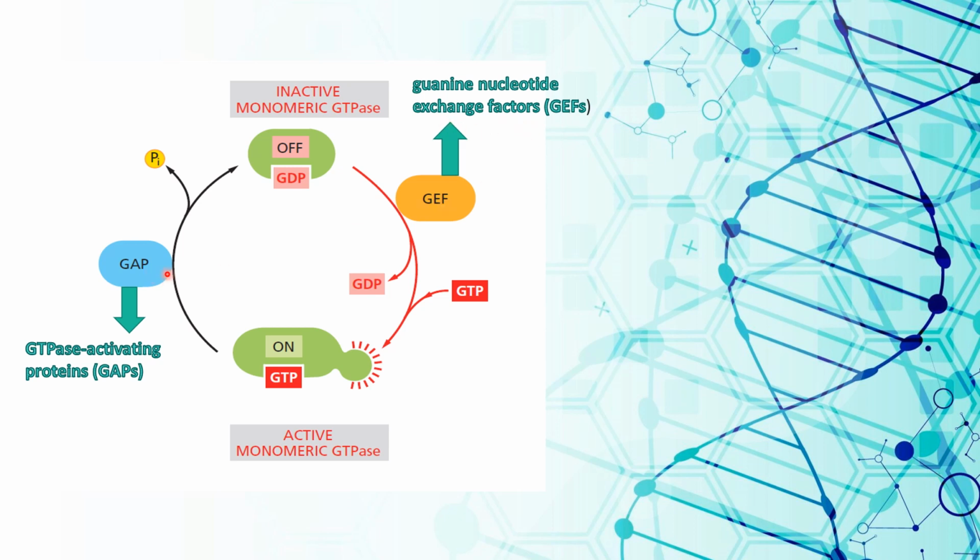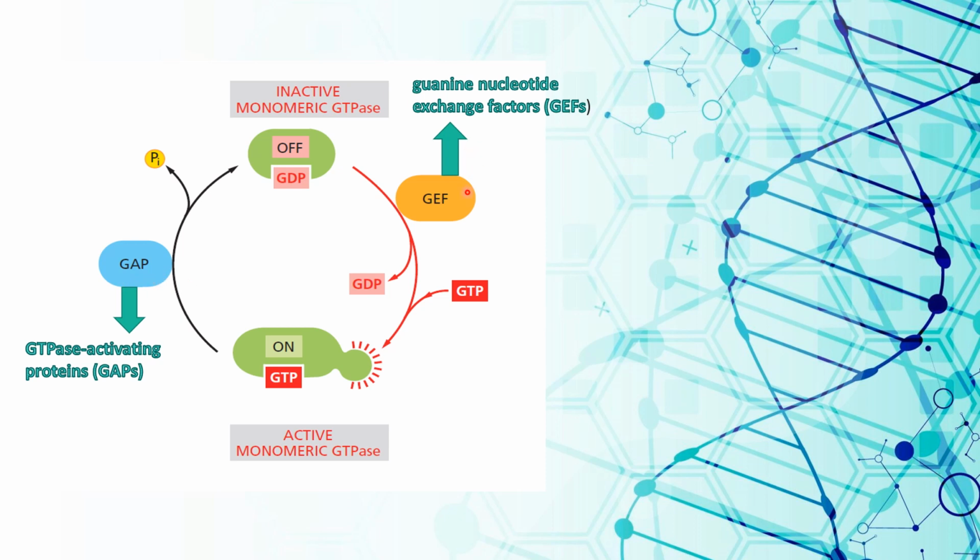What do GAPs do? Always remember that GAPs lead to the inactivation of the protein. So whenever you have the regulatory protein GAP, the protein is converted to the off state when it is bound to GDP. The regulatory protein which does this is the GAP.